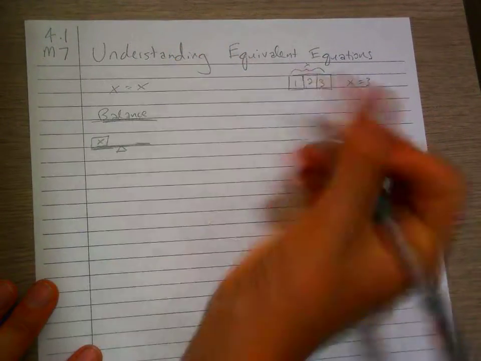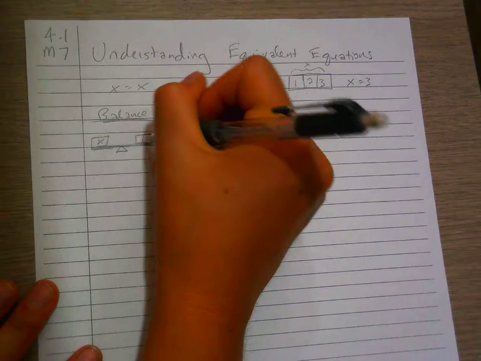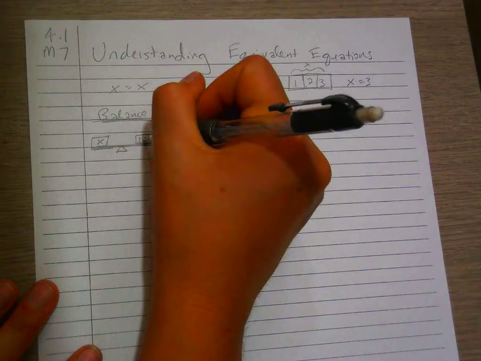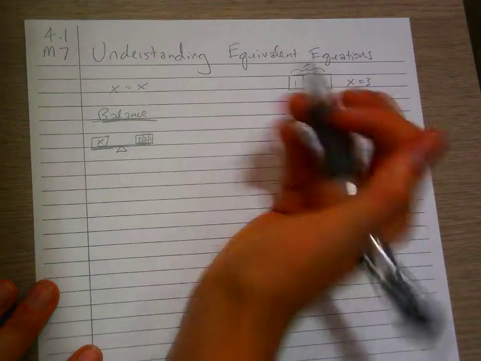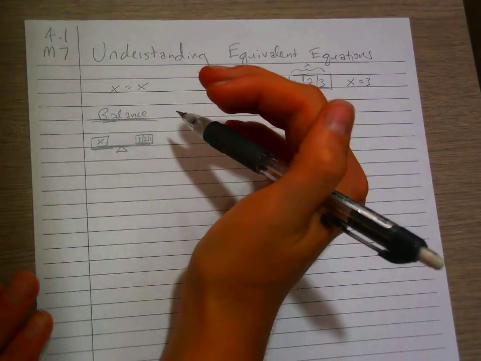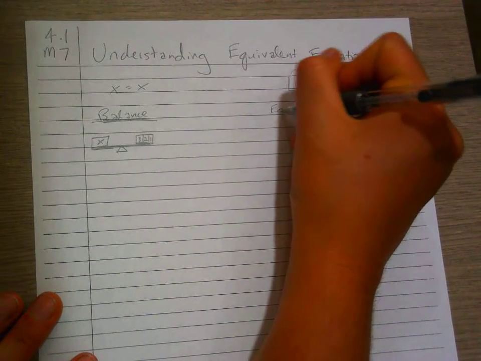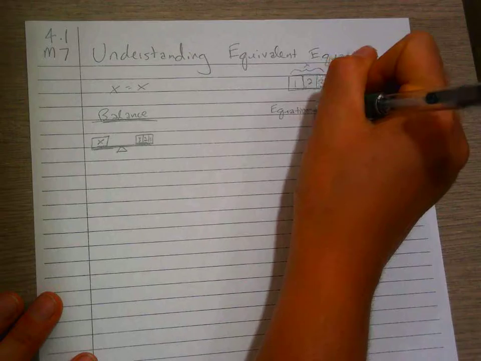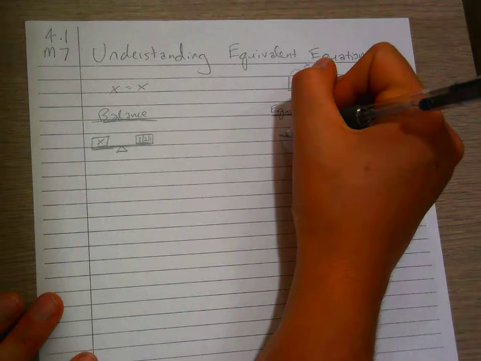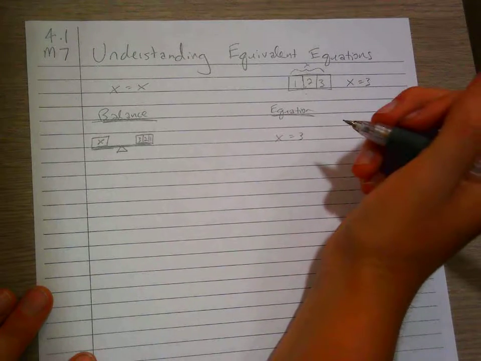The other side, we have 3: 1, 2, 3. Well, they're equal because x is equal to 3. So the balance stays. And so we would represent that with our equation as x equals 3.